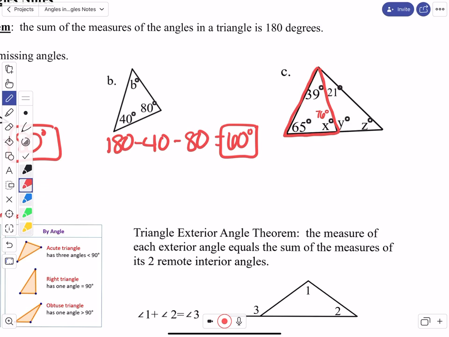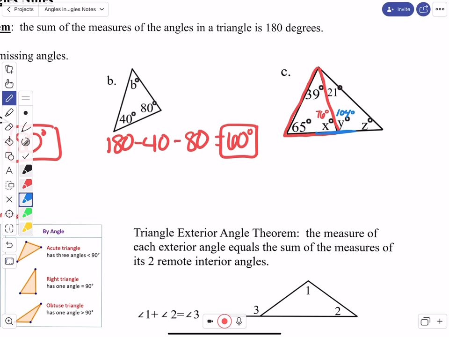Remember, a straight line, a linear pair, which we just learned about, this is a straight line right here. So not only does a triangle give us 180 degrees, a straight line is also 180 degrees. So we have to use that fact as well. So 180 minus 76 is going to give us 104 degrees.